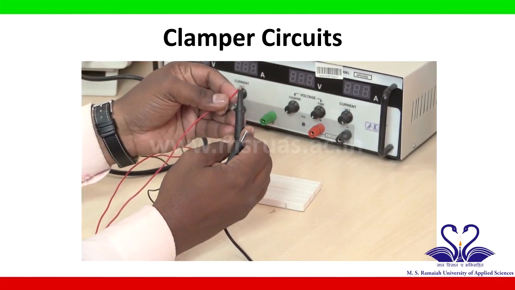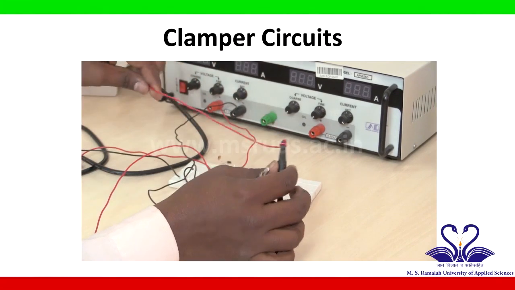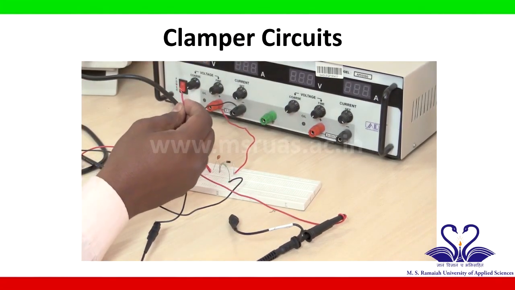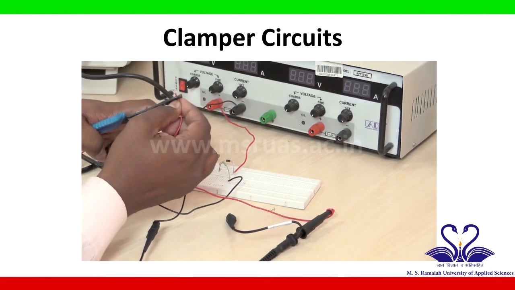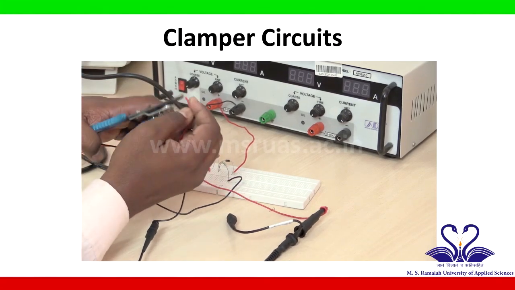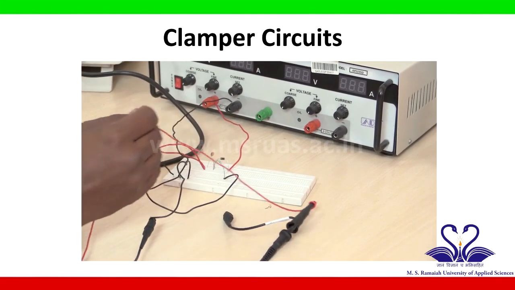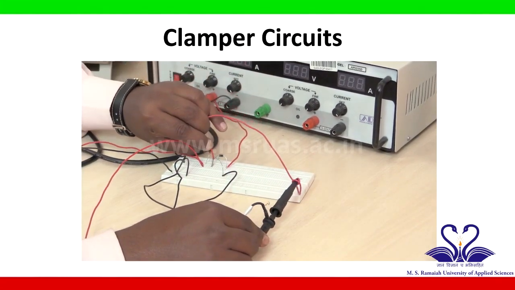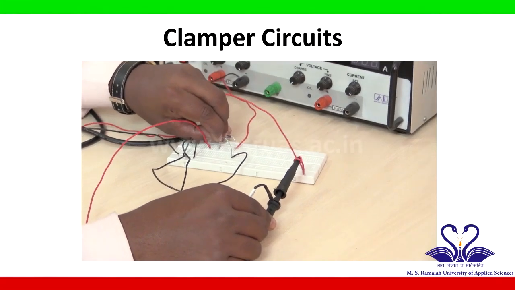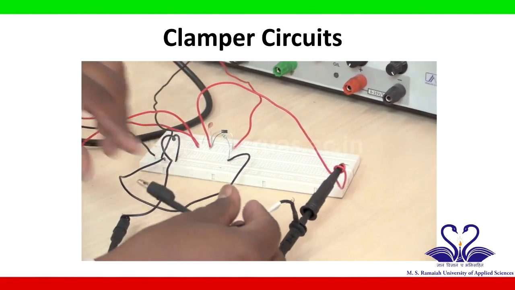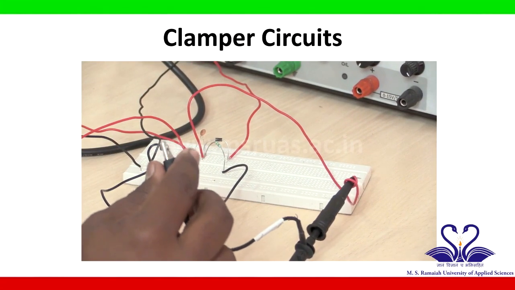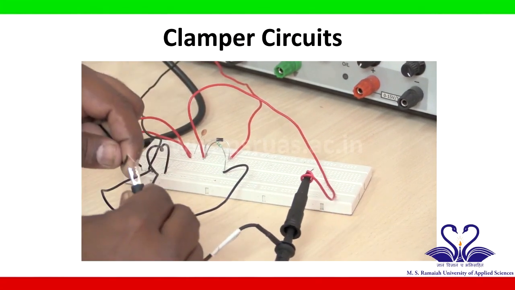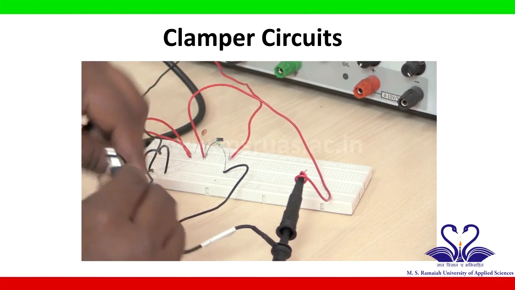So I will connect the positive of the probe to one end of the resistor, or the N terminal of the diode, in the breadboard. So this positive of the probe I am connecting to the N terminal of the diode, or one end of the resistor according to the given circuit, and the negative of the probe is connected to the other end of the resistor, which is a ground terminal.